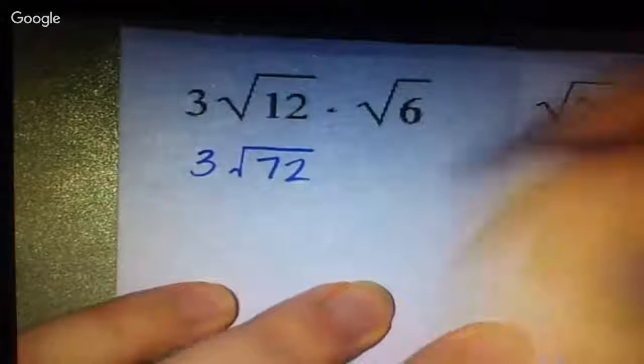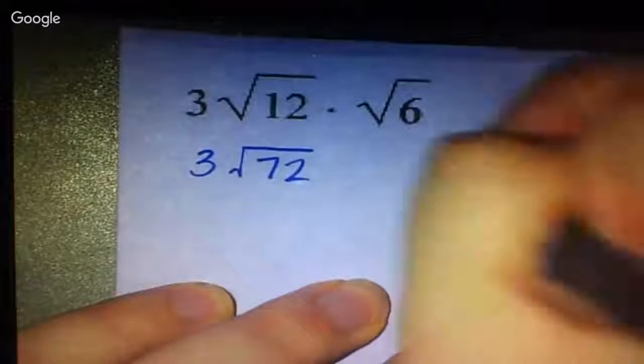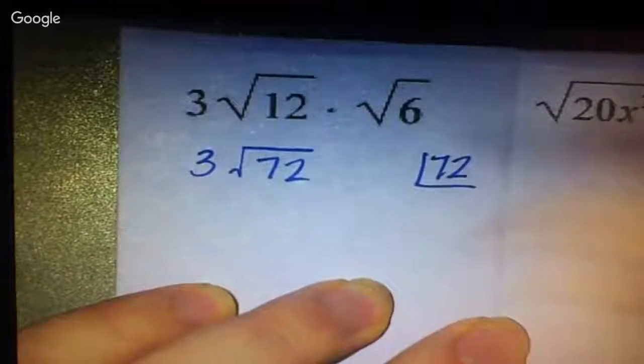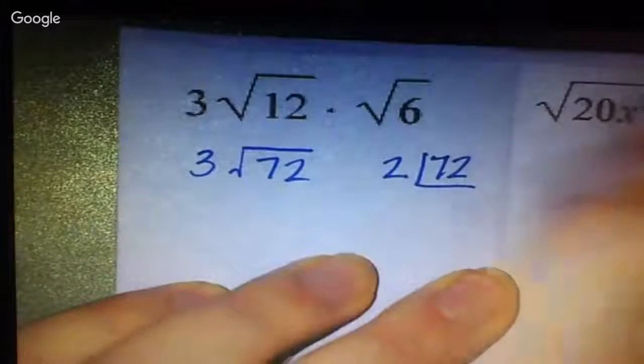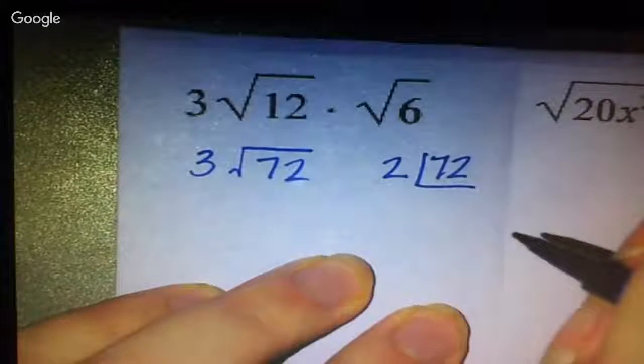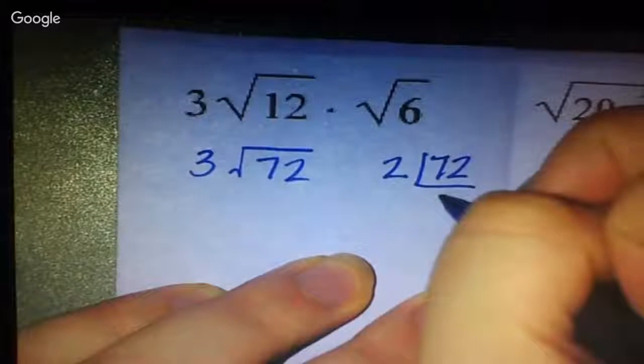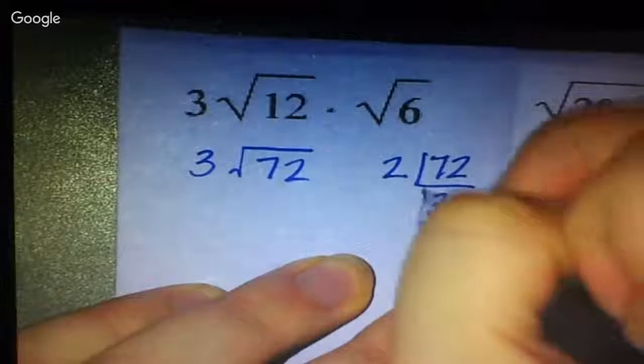Find the prime factorization of 72, says Muhammad. So 2, and that takes us to 36.